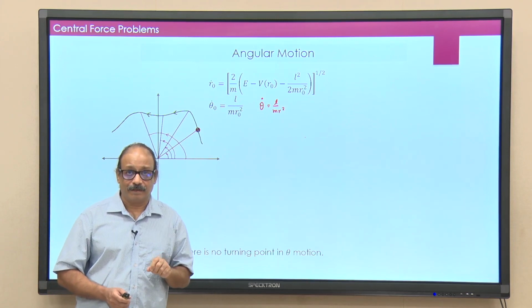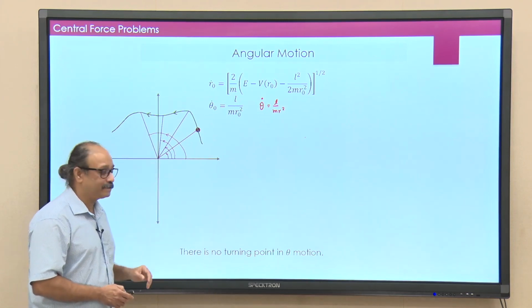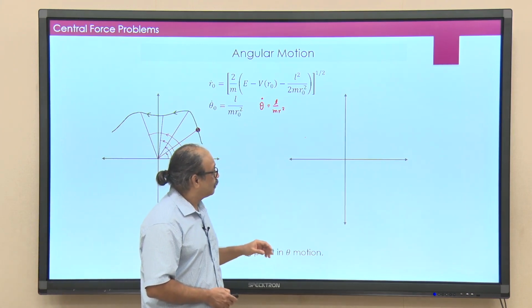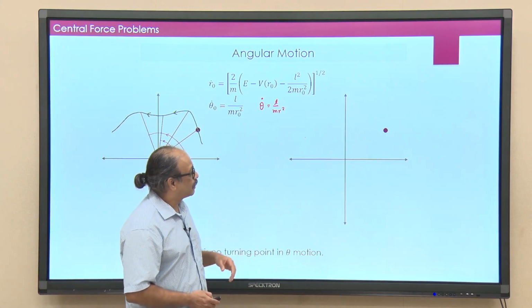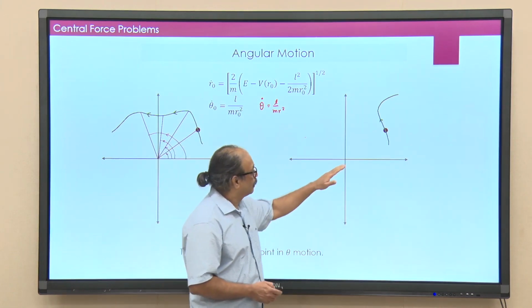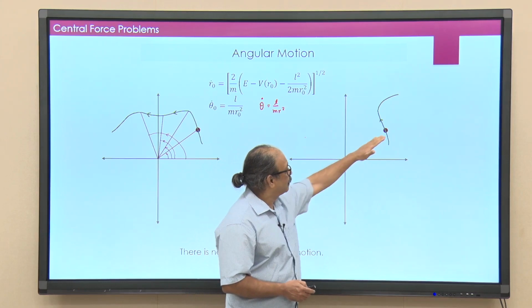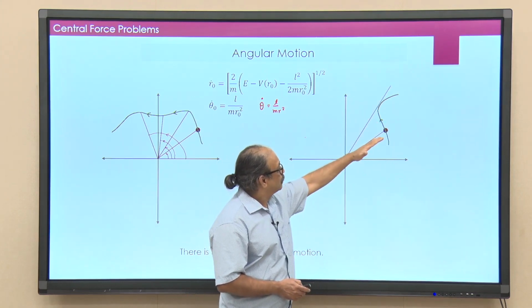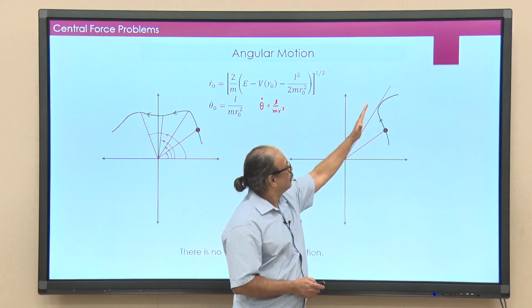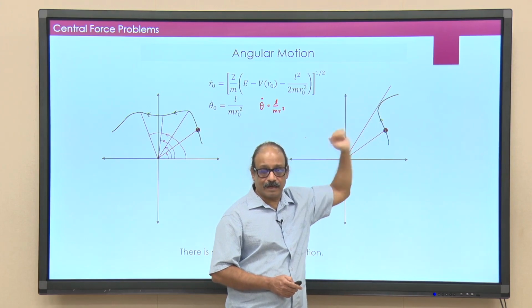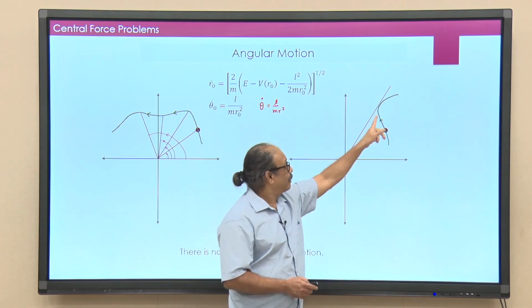What cannot happen is turning points in theta. What I mean is, look at a particle whose trajectory is something like this, and if you look at this trajectory, you have initial angle theta here, and as it moves, the angle is increasing, then at a certain angle the trajectory goes like that, but what happens to theta values?